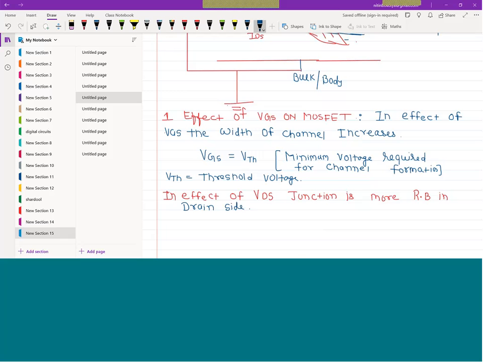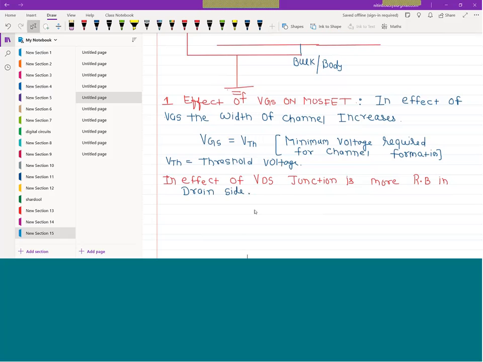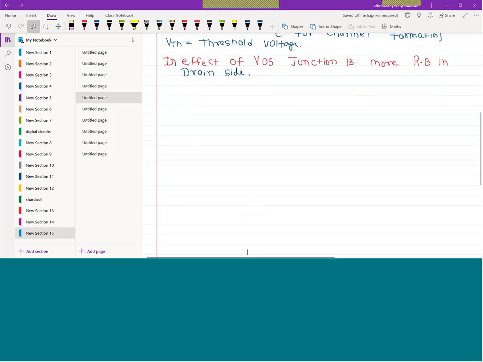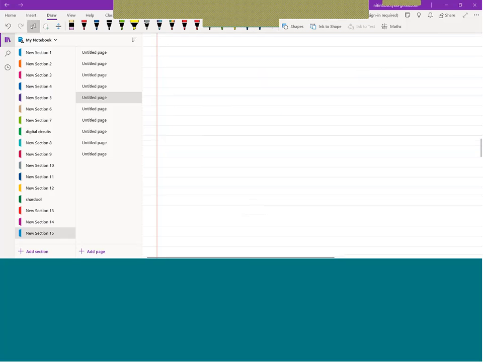So there will be a voltage where this channel is pinched off, and there is a relationship, whose derivation we do not need, but what we can say is there are three regions, and we are having one symbolic representation also.